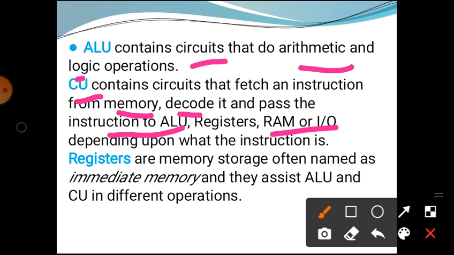After that, the result of the process done on that data can be stored in registers, in RAM memory, or in input output devices, depending upon what the instruction type is. Understand? Okay.